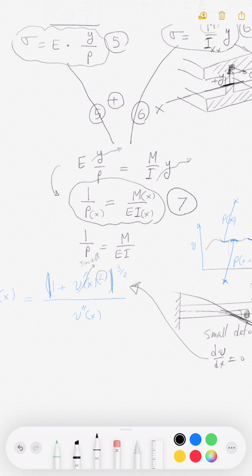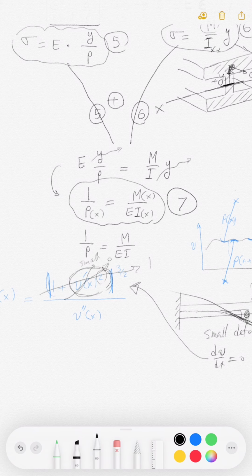So I can just say this thing approaches 0 in my application. So if I have 1 plus 0 to the 3 over 2 power, the entire thing is almost 1, right? This is called engineering approximation, because we don't want to solve the complicated problem coming from the nonlinear term that I just circled.